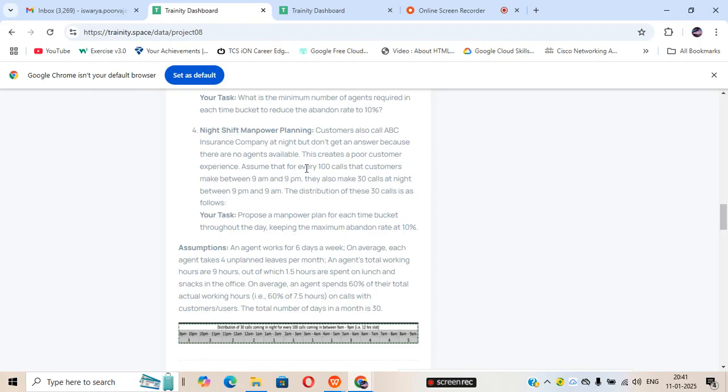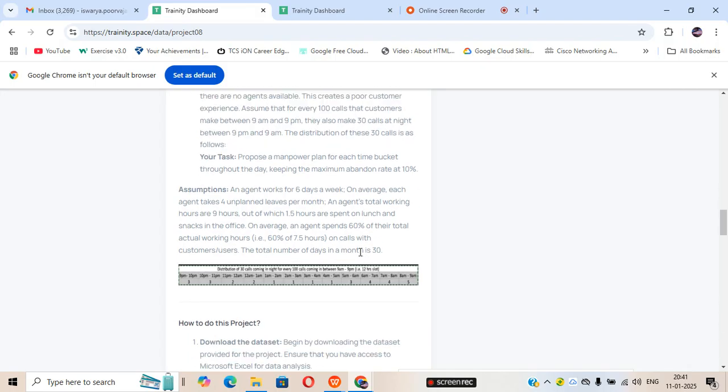Assume that for every 100 calls that customers make between 9 a.m. to 9 p.m., they can also make 30 calls at night between 9 p.m. to 9 a.m. The distribution of these 30 calls is as follows. Propose a manpower plan for each time bucket throughout the day. Set the maximum abandoned rate to 10.